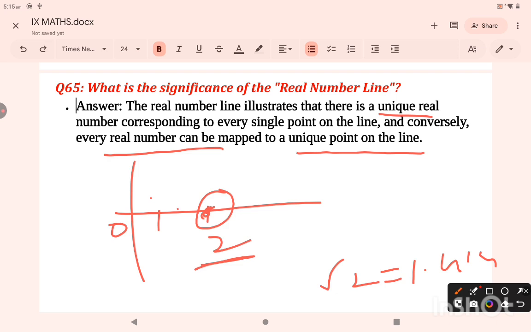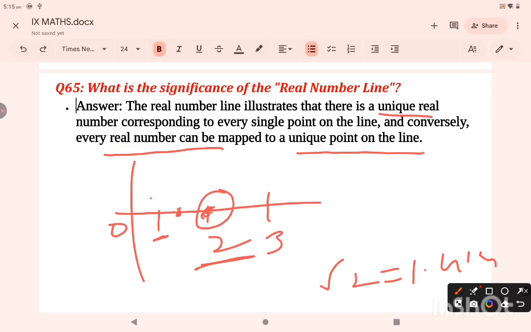Suppose this point is 1.414 and so on, a non-terminating, non-repeating decimal. So this point shows root 2. Here this point shows 2. Here this point shows 1. This point shows 3.